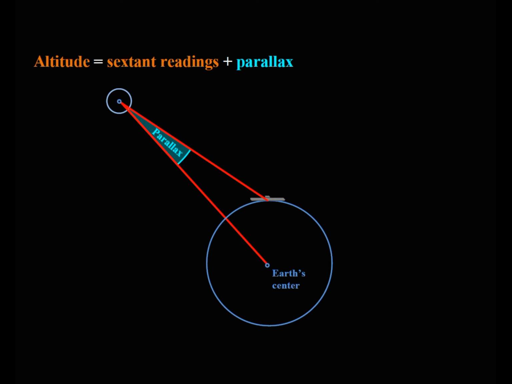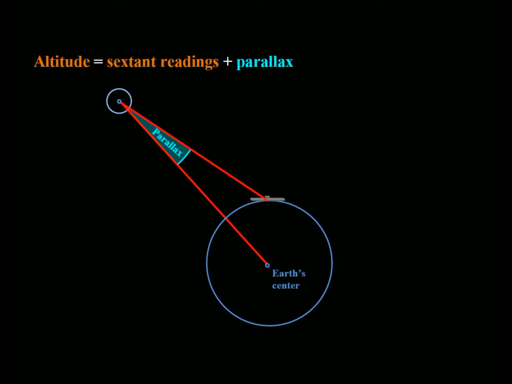The center of the Earth is the point on which the celestial and geographic coordinate systems are simultaneously based. The coordinates of a celestial body are determined by the line connecting the center of the Earth and the center of the celestial body.